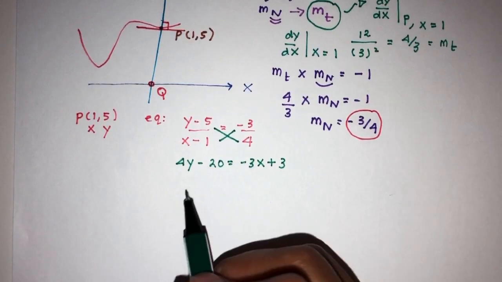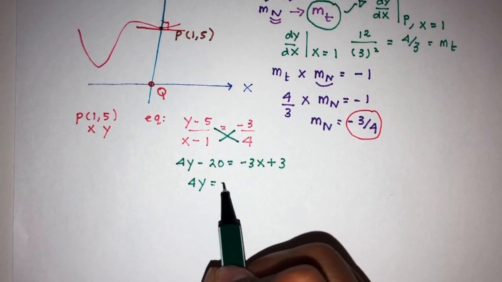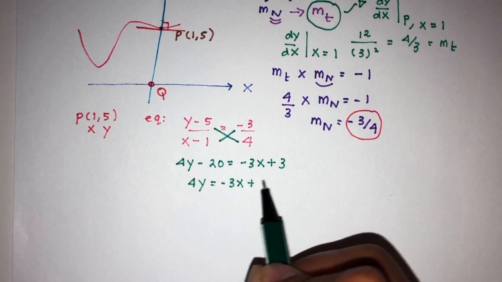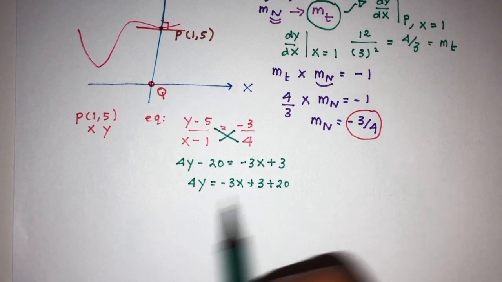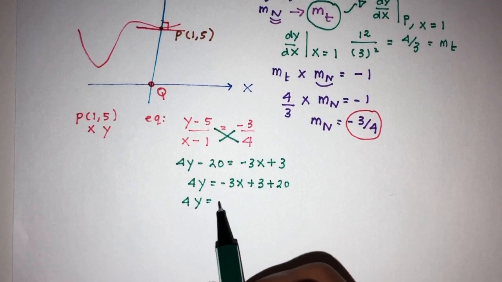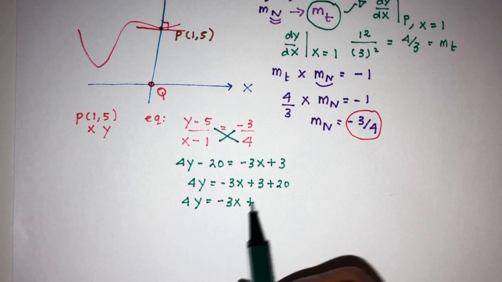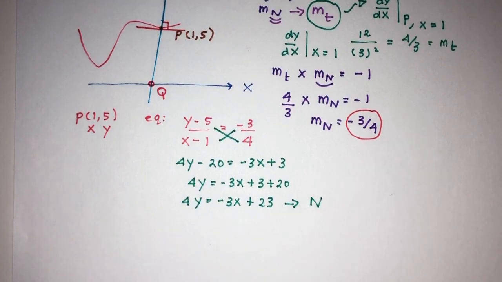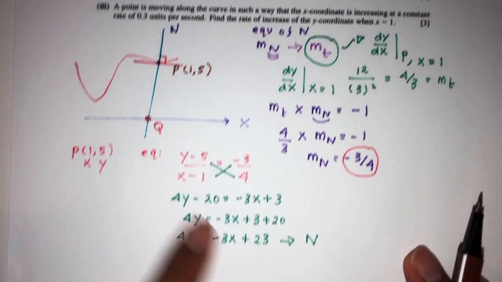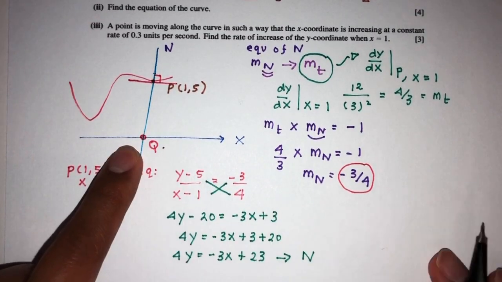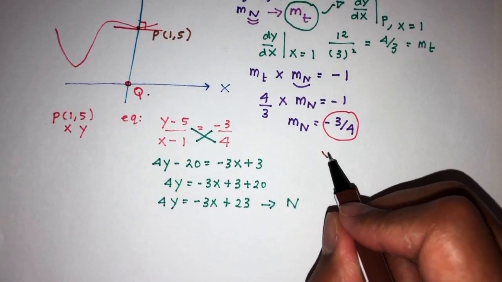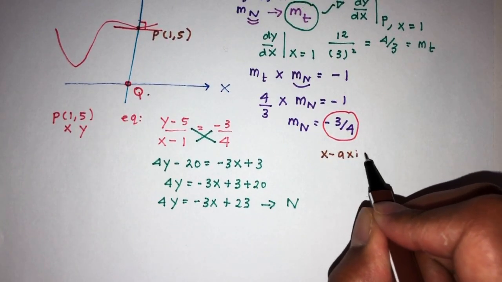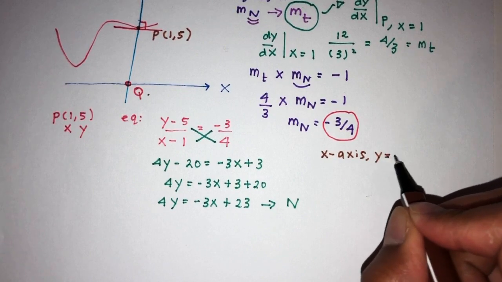So you have 4y is equal to minus 3x plus 3 plus 20. So 4y will be what? Minus 3x plus 23. This is my equation of the normal. Now we understand that we have to find the point Q, which is on the x-axis. Now we know that on the x-axis, what is true? y will be 0.